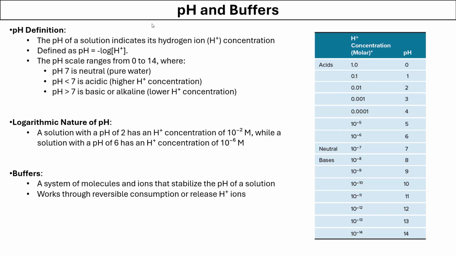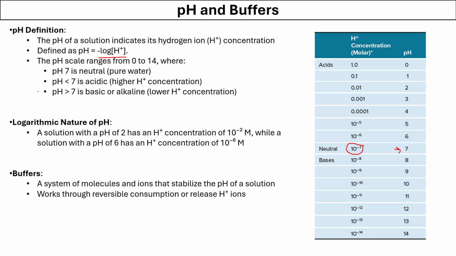So let's have an idea of what pH is and what buffers are. pH is nothing but the hydrogen ion concentration. If the hydrogen ion concentration is, for example, 10 to the minus 7, then the negative log to the base 10 would be just 7. So 7 is your pH.